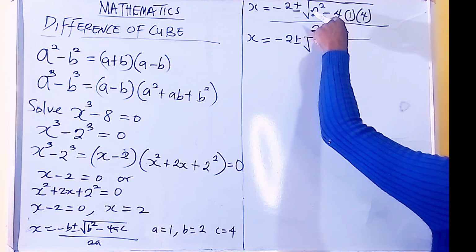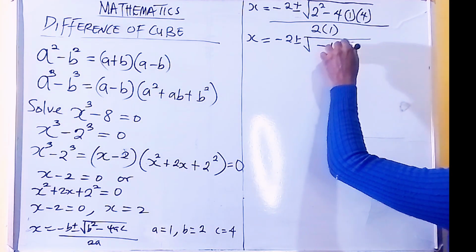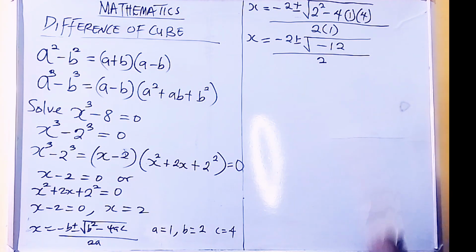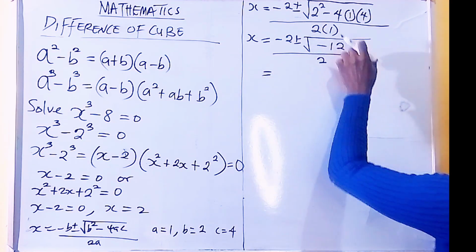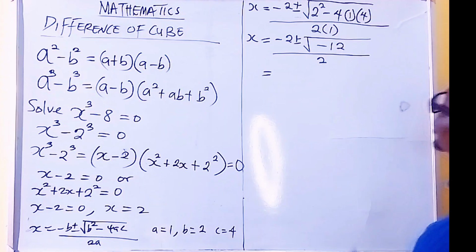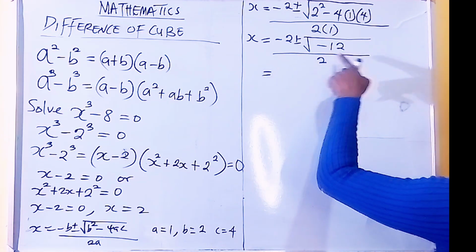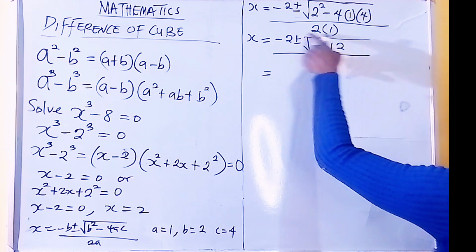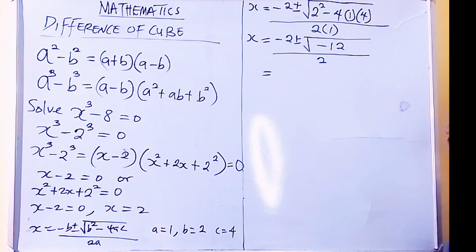So 4 minus 16 is minus 12, all over 2. So here, you can see we're having a complex root here. Let me resolve this square root of minus 12.